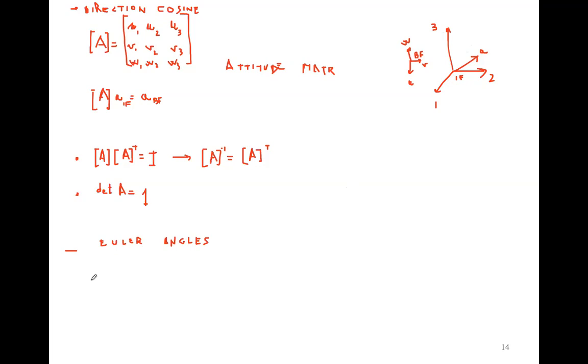So for example, the other approach could be indeed to use a different rotation. One possible series of rotations, as I said, is 1, 2, 3 or 3, 2, 1.